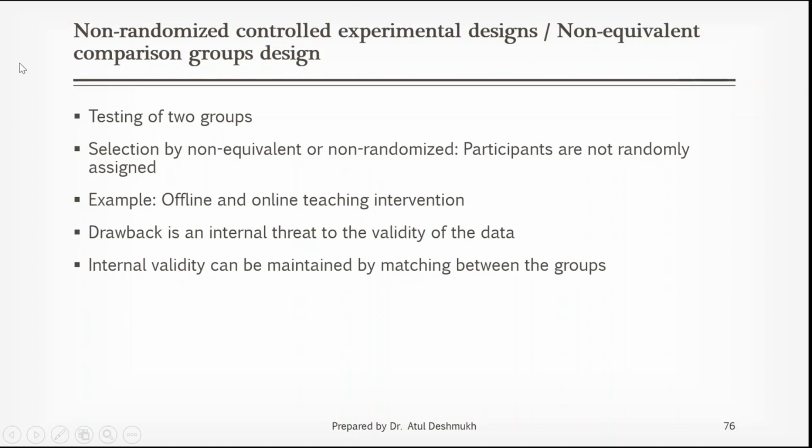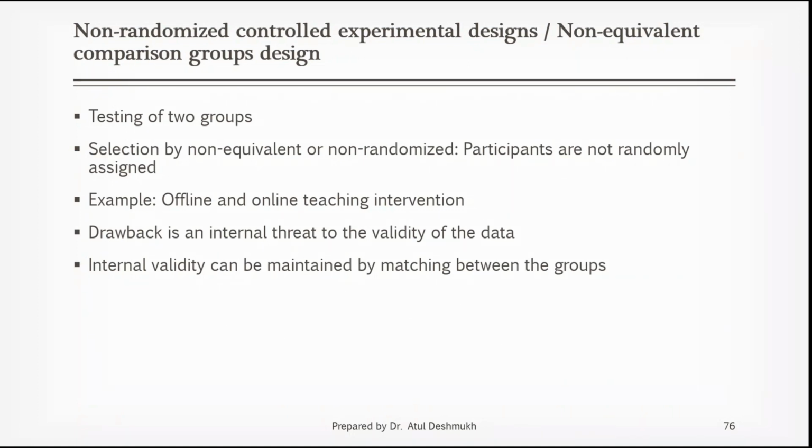Now, non-equivalent means non-randomized. Non-equivalent is nothing but the way of selecting the sample, so it is a non-randomized sample. Comparison means here you have comparative groups. Hence it is called a non-equivalent comparison group design, because you have comparative groups here. Now, what we do here is test two groups and compare them. But we do not randomly assign the participants.